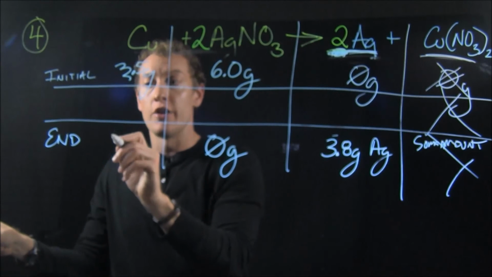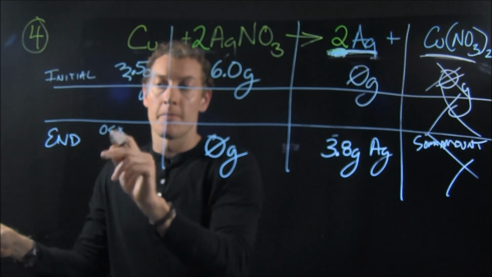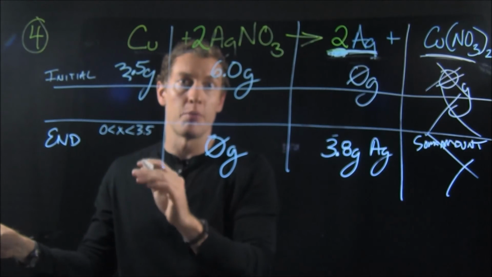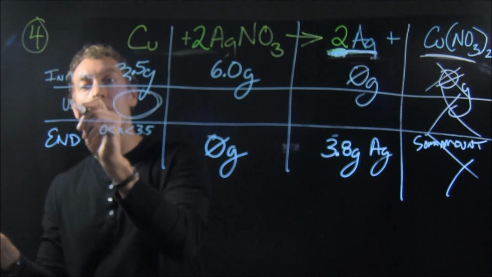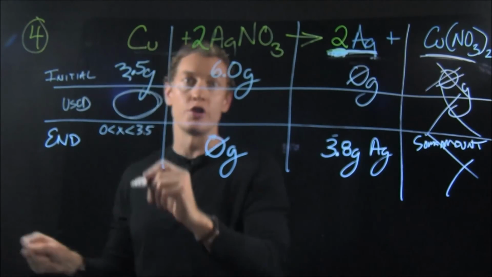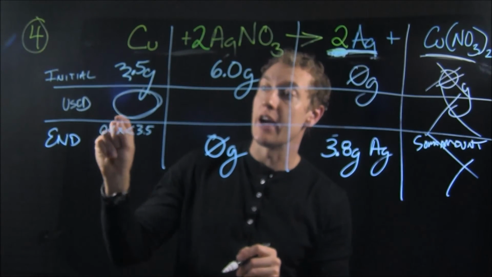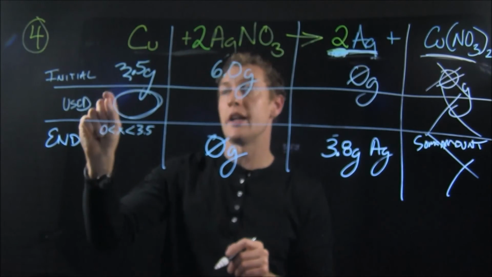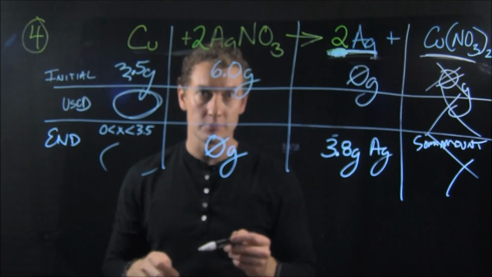So at the end, there will be more than 0 of the copper, but less than 3.5 because I'm going to use some portion of it. So I need to figure out how much of the copper was used. If I figure out how much copper was used up, then I can subtract that from how much was there at the beginning, and the initial minus the amount used would equal how much is left over at the end.